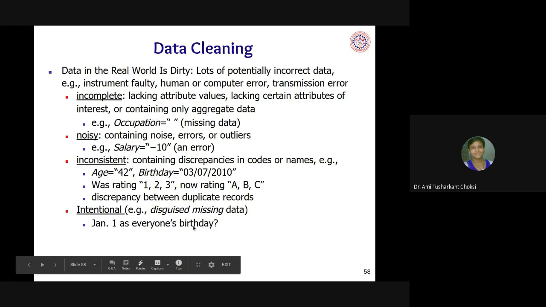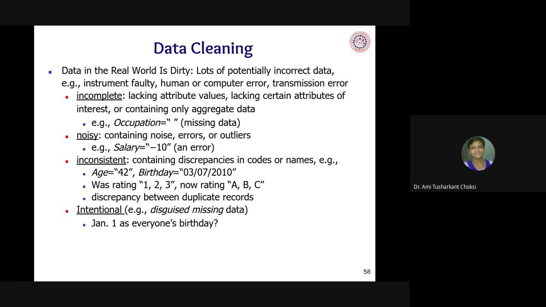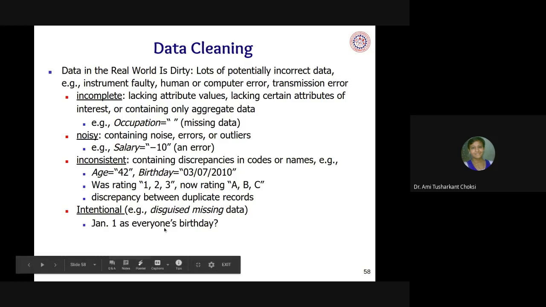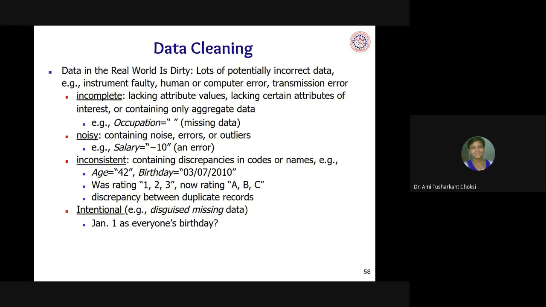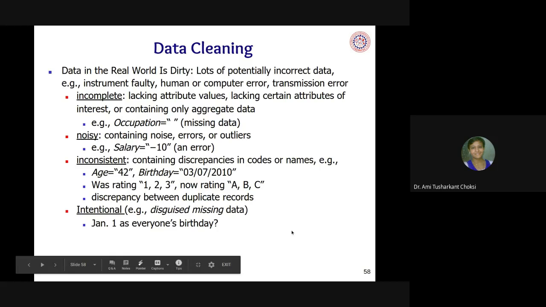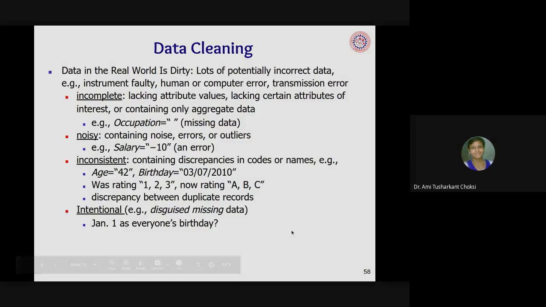People may not have selected the date from the calendar, right? Whatever is given by default to fill the date, or intentionally, I don't want to give it, right? And whatever was there by default, your system will take. So that will be wrong, right? And that needs to be replaced. But how?